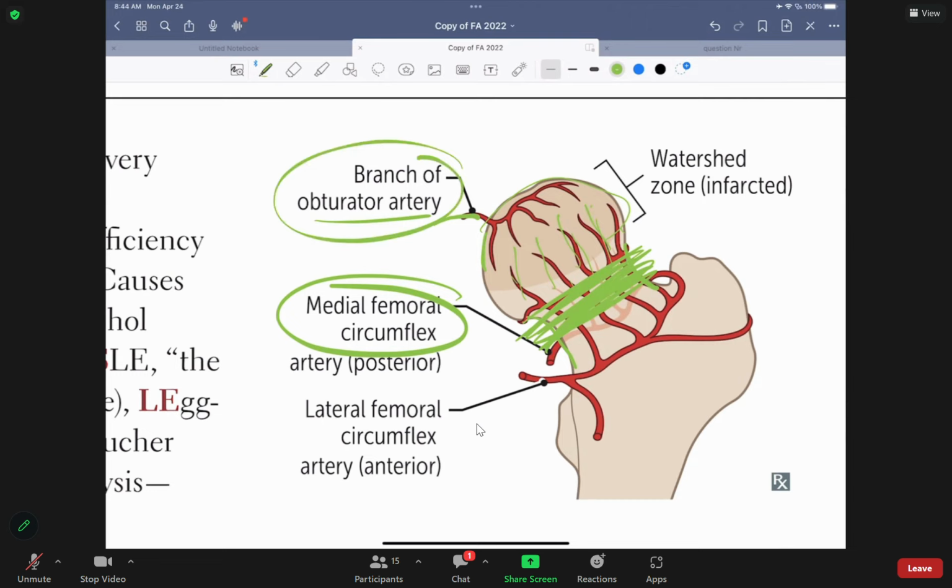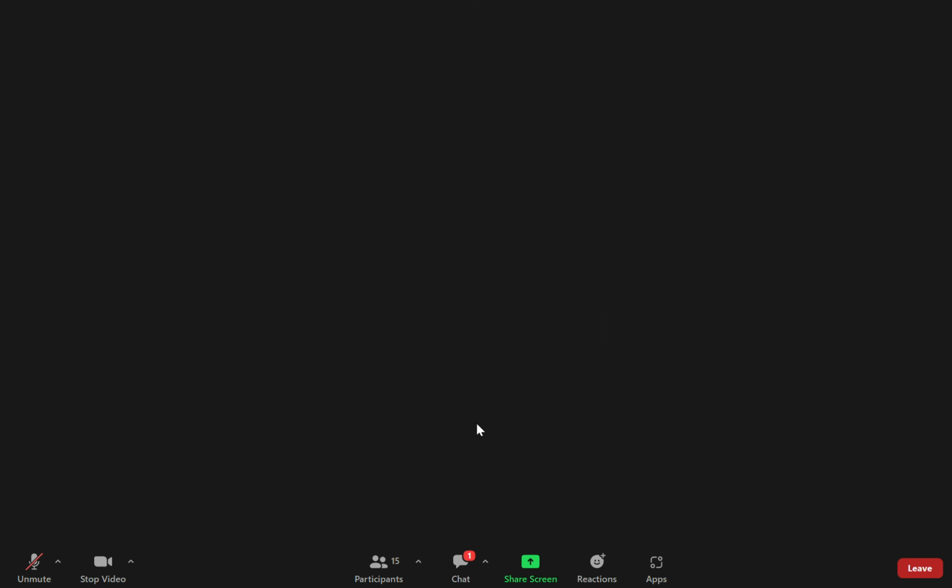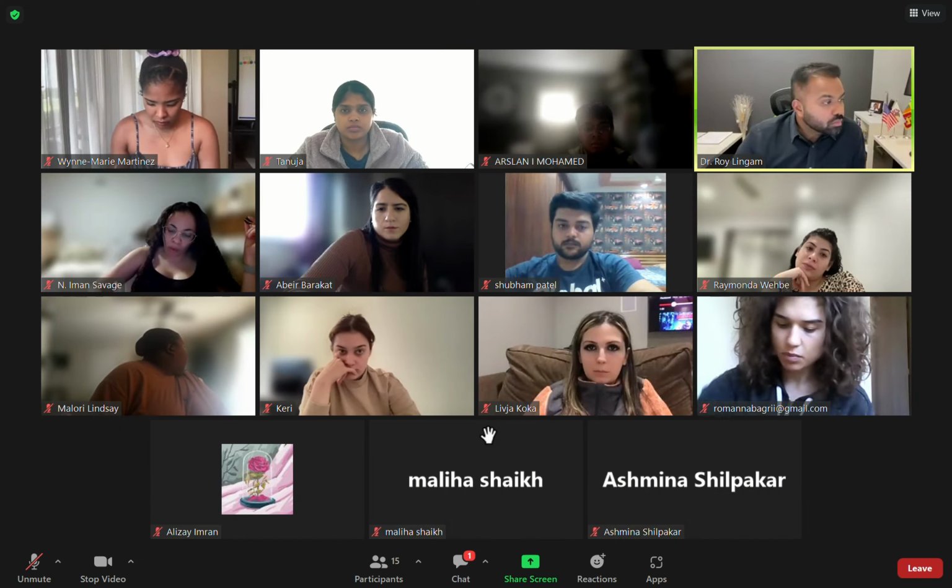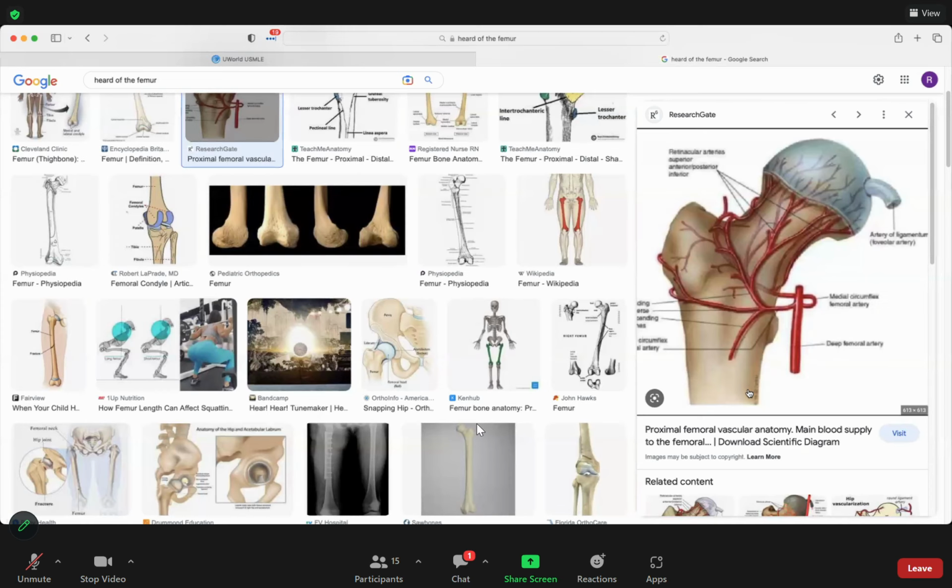I want to show you that artery in a real picture. Let's see if I can get a good picture. Here you go. You guys see this picture? Now look at this. This is the head of your femur. This is the ligament.